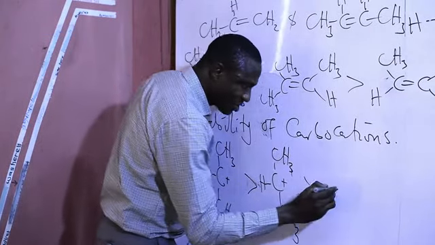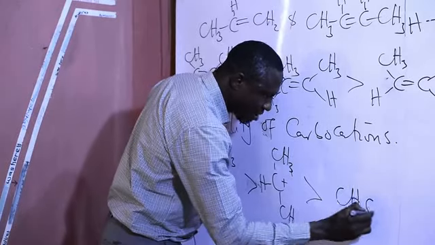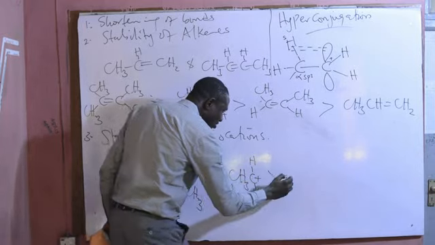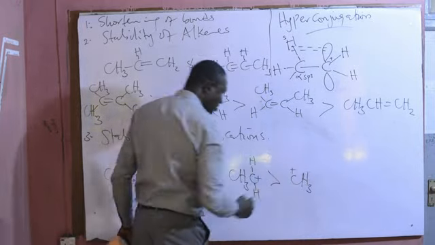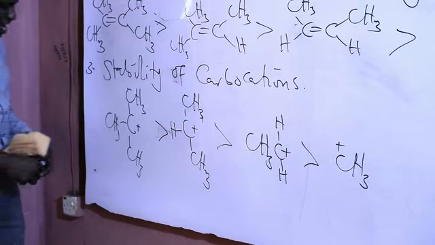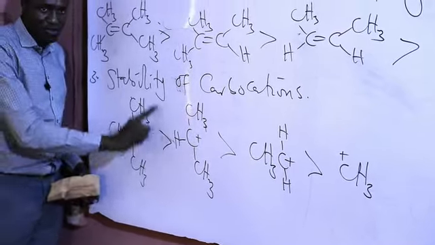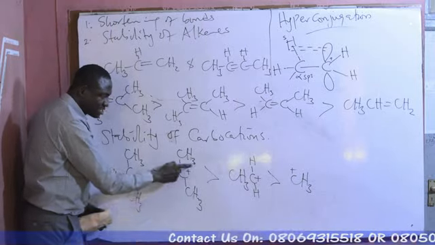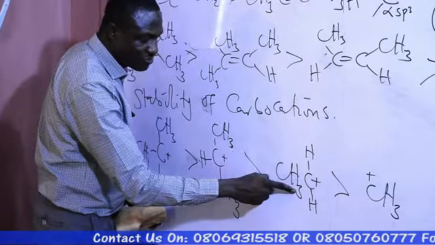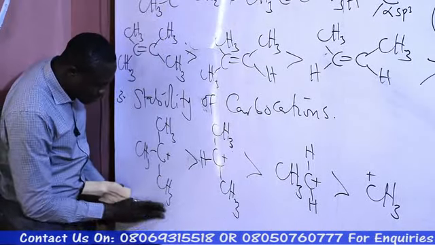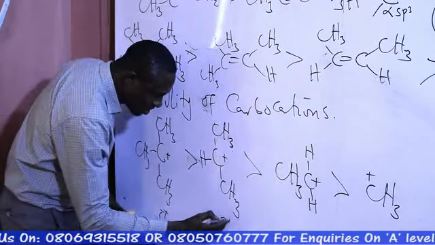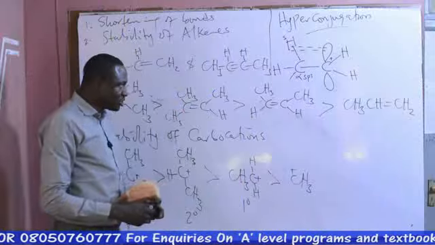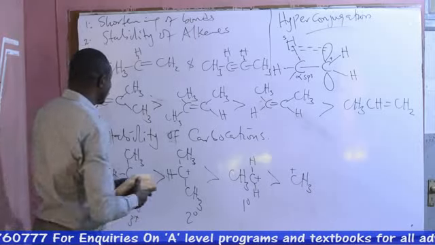This is more stable than a primary carbonium ion with 3 alpha hydrogens, and that is more stable than a methyl carbonium ion with no alpha hydrogen. So here you can have 9 hyperconjugative effects, 6 hyperconjugative effects due to the presence of 6 alpha hydrogens, 3 hyperconjugative effects. So this is a tertiary carbonium ion. An example: this is a secondary carbonium ion, this is a primary carbonium ion, while this is a methyl carbonium ion, which is also an example of a tertiary carbonium ion.